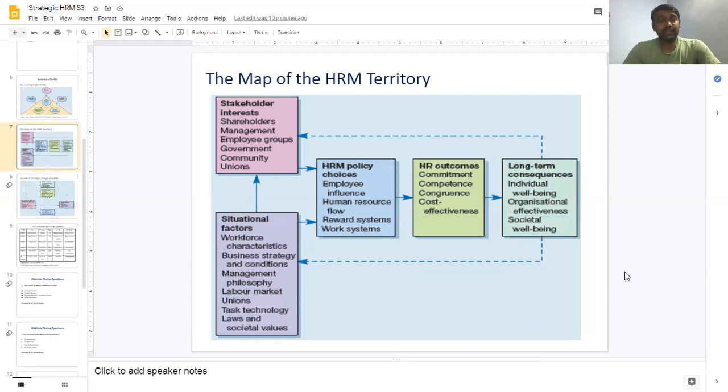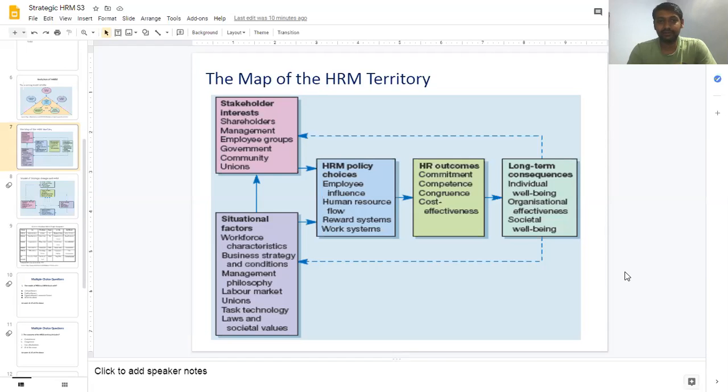So this is another slide which explains the map of HRM territory. This is the same as discussed earlier. We have stakeholders. Earlier, as I told you, we had only a certain set of guidelines or policies to be accomplished, with no concept of stakeholders. Now we have to satisfy the stakeholders. We have customers, shareholders, management, everybody who demands everything.